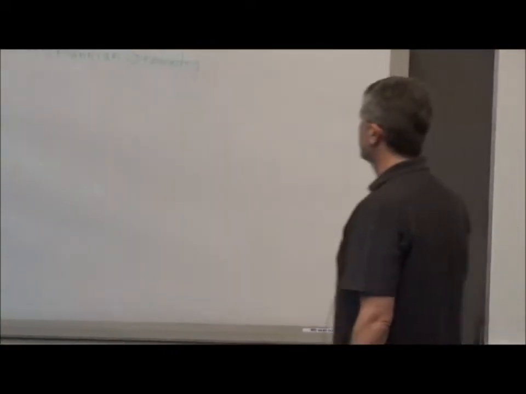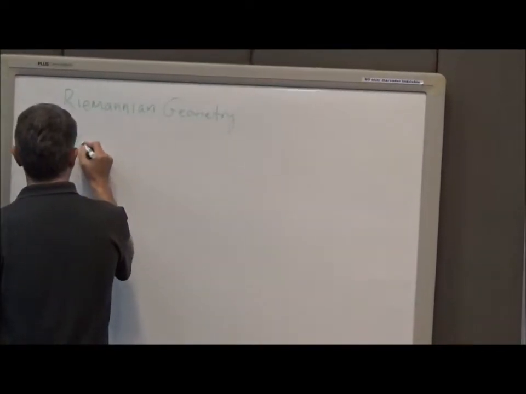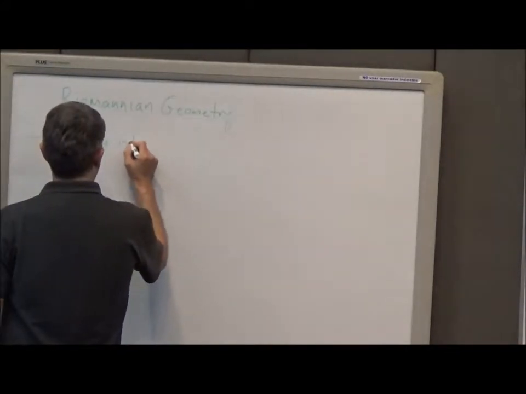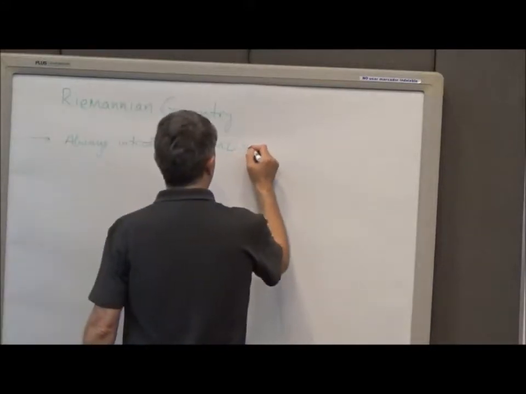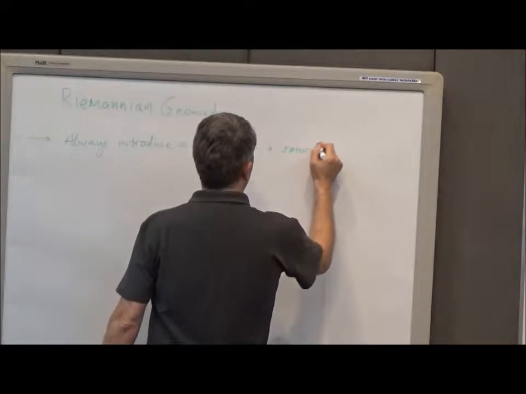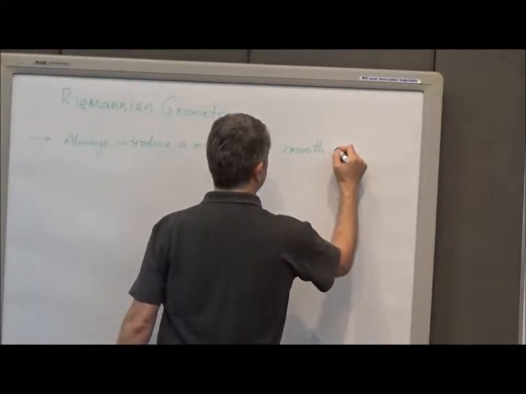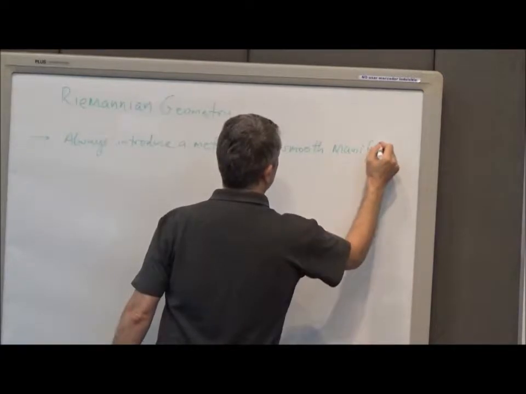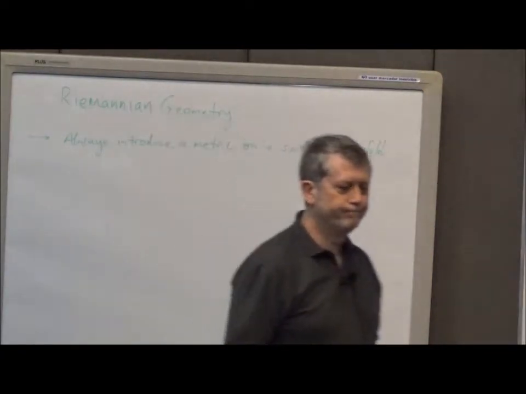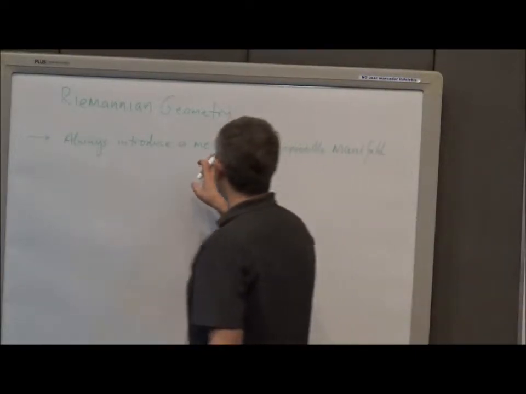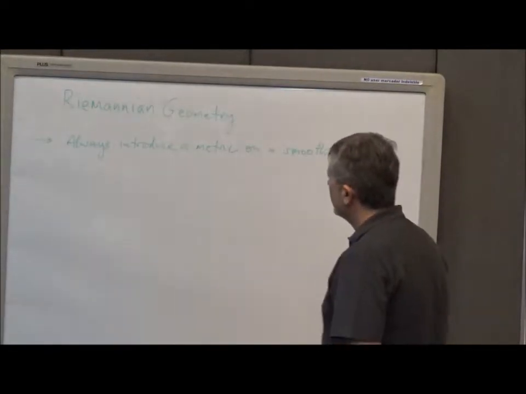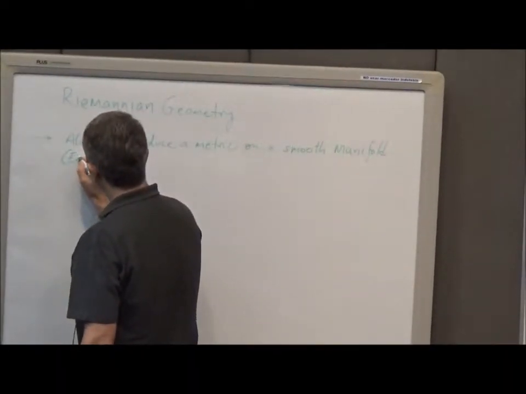It's a fact that on any smooth manifold you can always introduce a metric on a smooth manifold. This requires the topological spaces to be compact. All spaces we're interested in will have the properties so that this is actually true. So it's a Riemannian metric, which means it's a Euclidean signature.